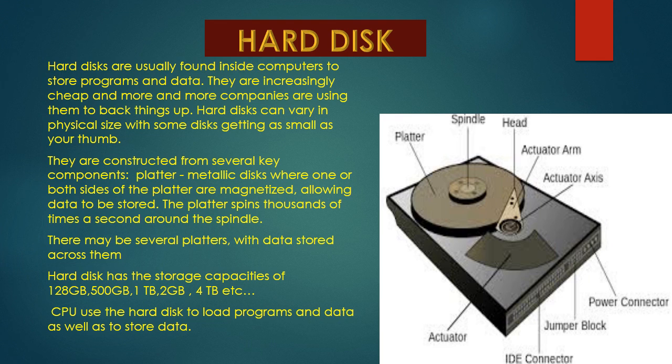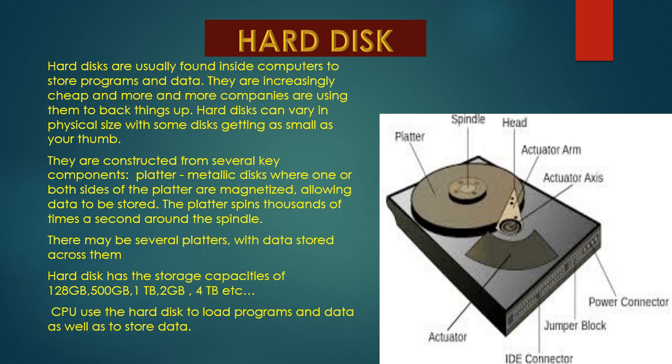A typical hard disk consists of a sealed metallic box with a controller circuit on one side. The hard disk controller is responsible for the read and write mechanism and for retrieving and storing data on the hard disk. The data storage part of the hard disk consists of one or more metallic circular platters.